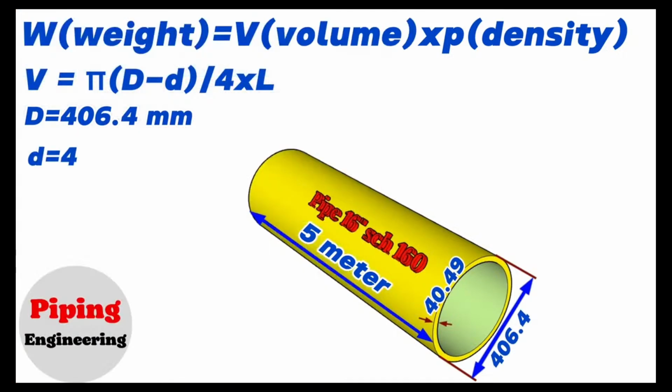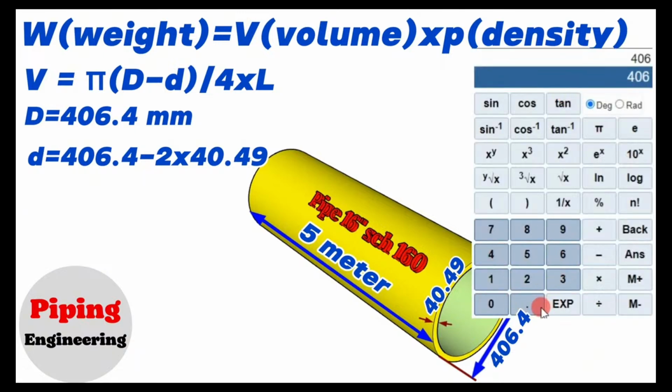Then, the inside diameter will be equal to the outside diameter 406.4 minus 2 times wall thickness 40.49. Using the calculator, we find that 406.4 minus 2 times 40.49 is approximately 325.